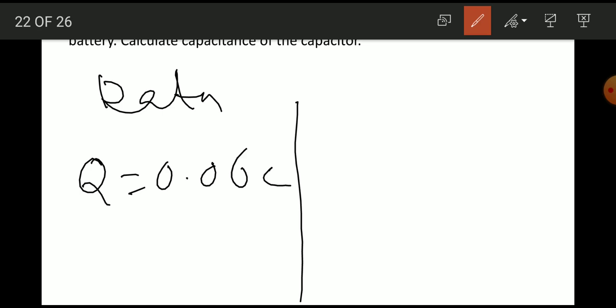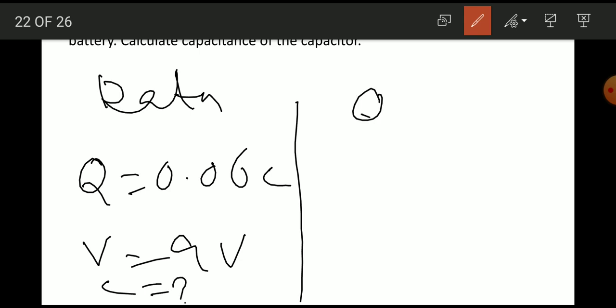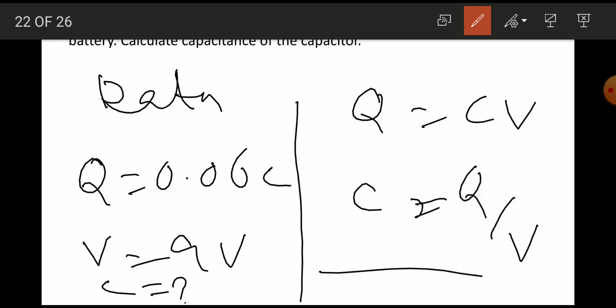Q is equal to CV, so C is equal to Q divided by V. Do it.